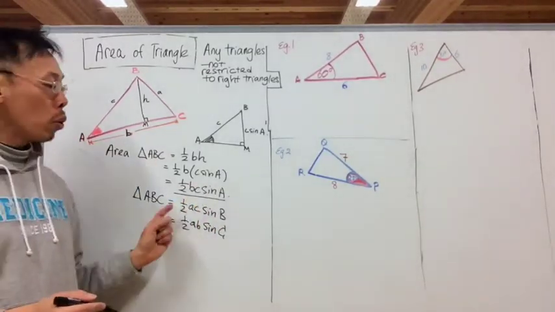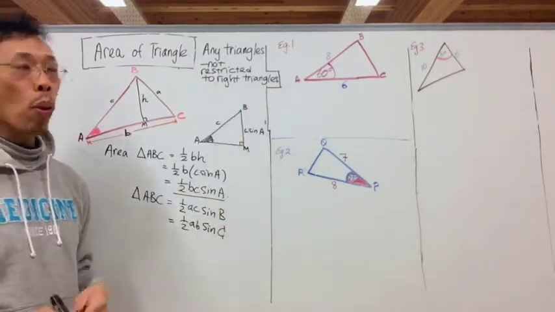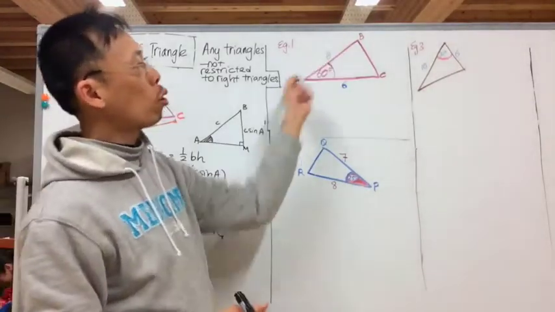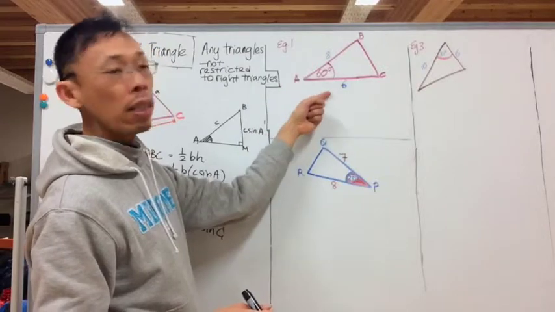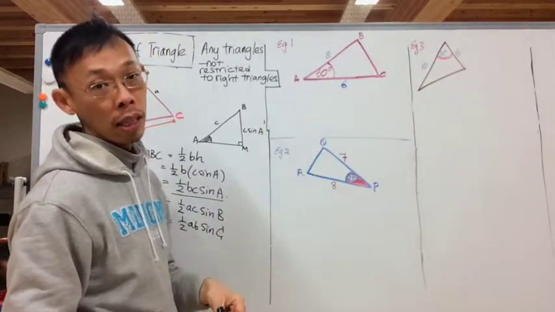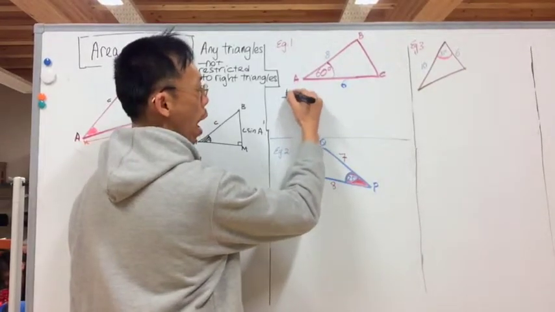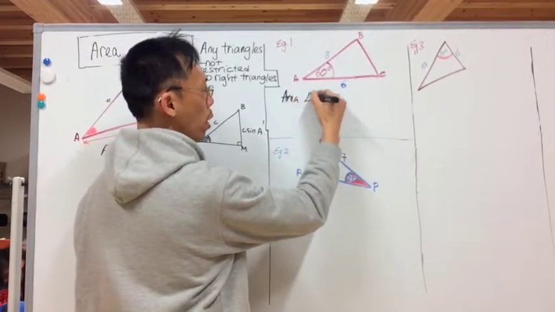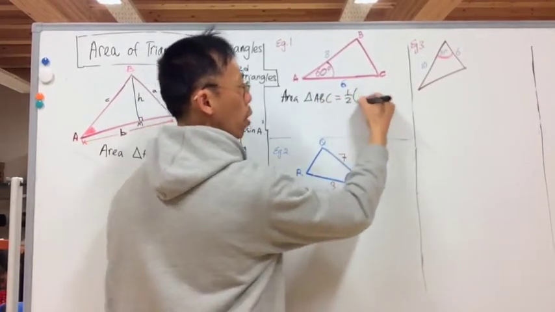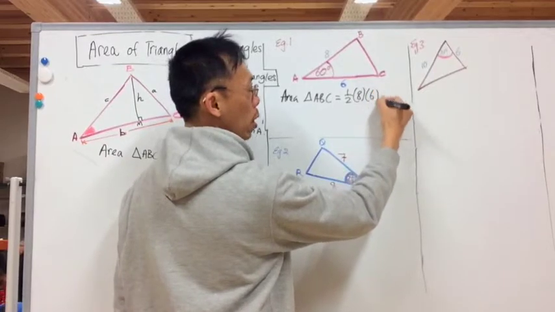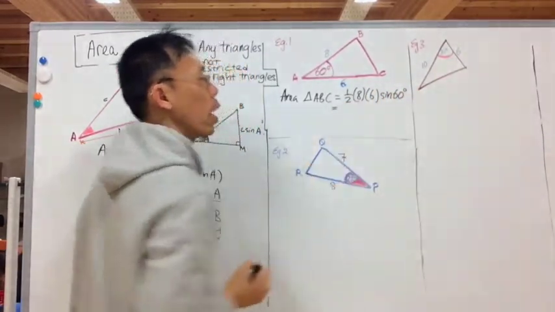So I'm going to apply this idea to these questions. Assuming that you have a triangle such as this, and one side is 8, the other side is 6, and the angle is 60 degrees, and you want to find the area. The area of triangle ABC in this case is half times 8 times 6 times sine 60.